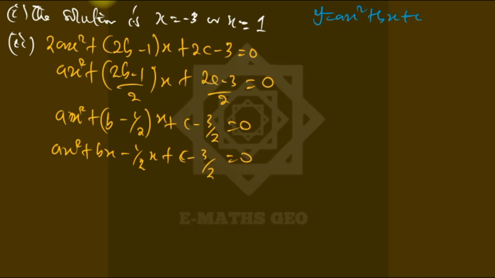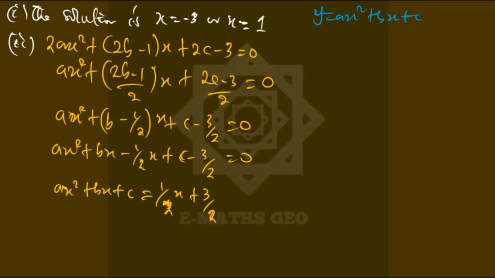So we now have two functions which are as squared plus bx plus c. And if you move this one to the other side, which is half x plus 3 over 2.